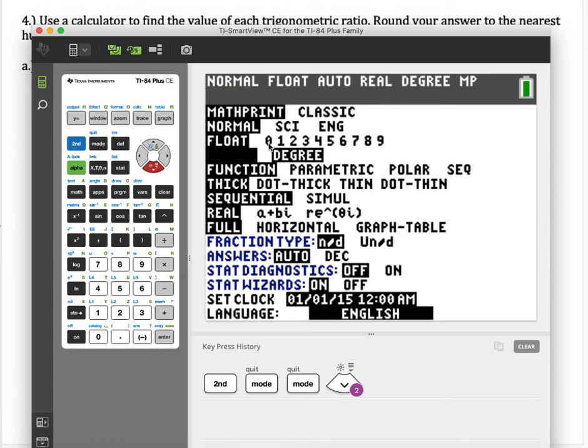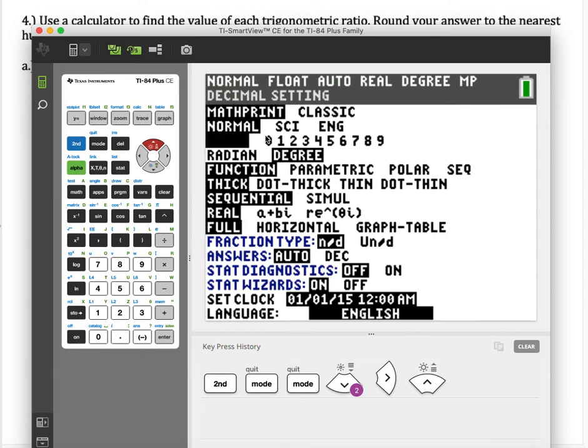But you need it to be in degrees. So you would arrow over above the word degree and hit enter. If you are not in degree mode, you won't get the right answers because it's going to be measuring in a different value. Okay?